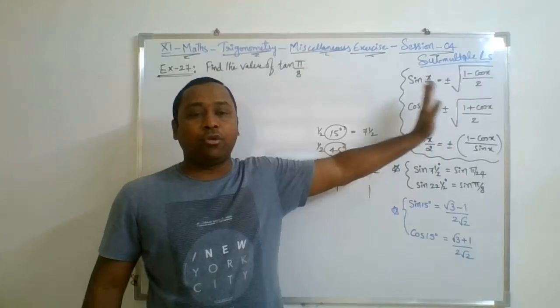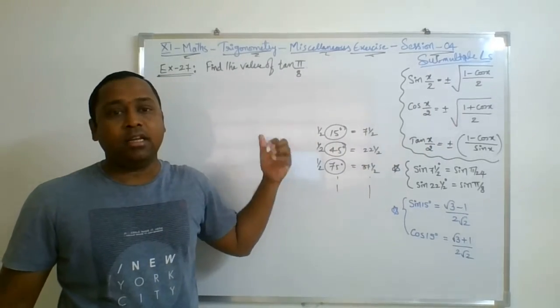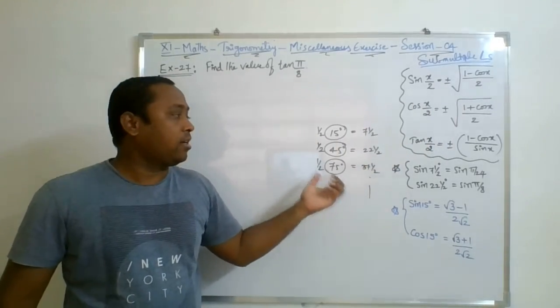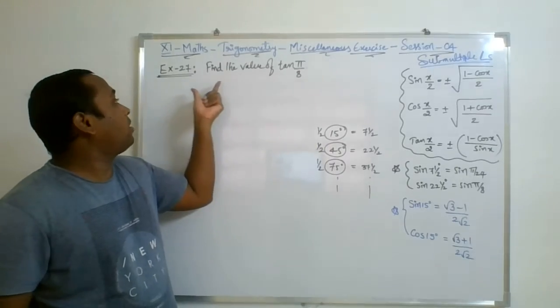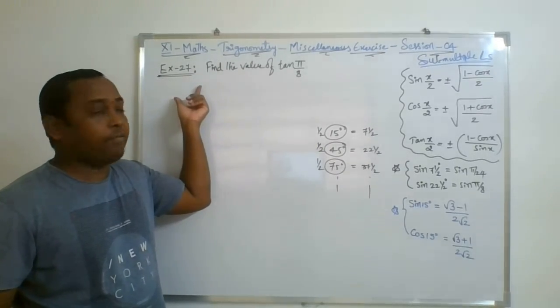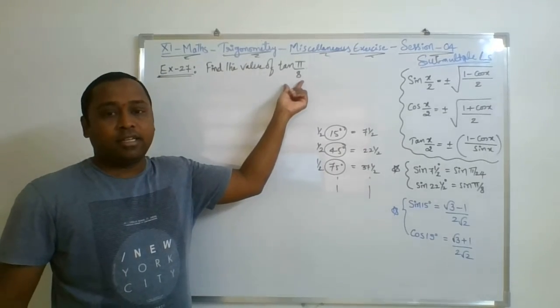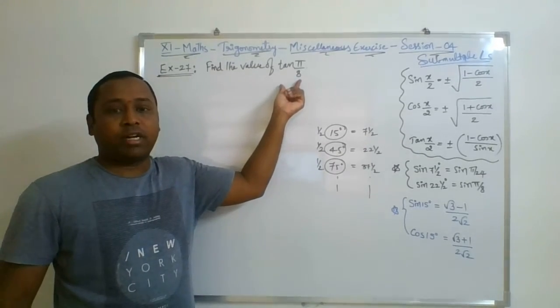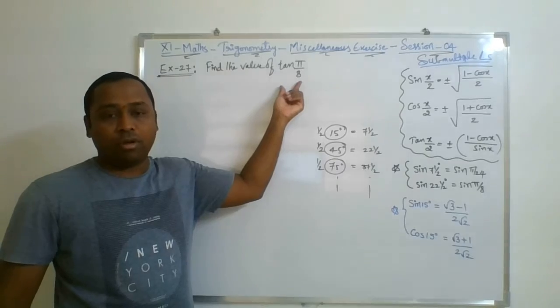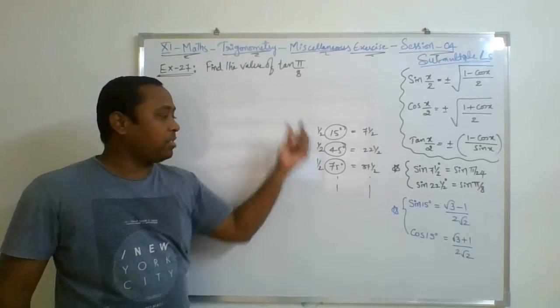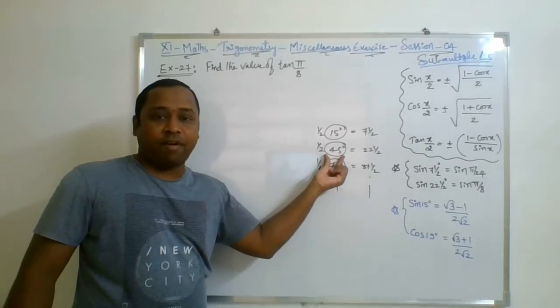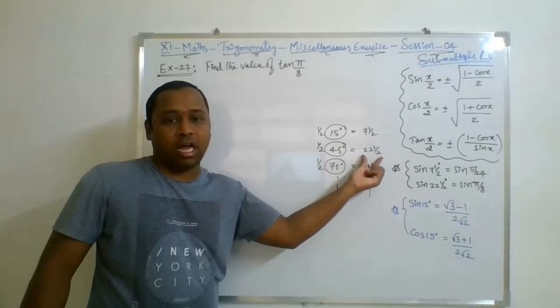Now we are going to use these formulas directly in a question, like Example 27. Find the value of tan pi by 8. So pi by 8 means what? Half of pi by 4. Half of pi by 4 means half of 45 degrees, that is 22.5.